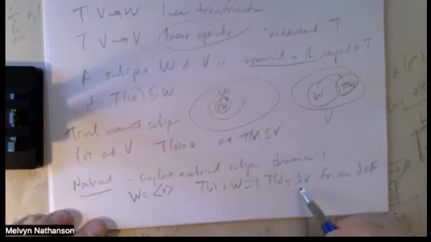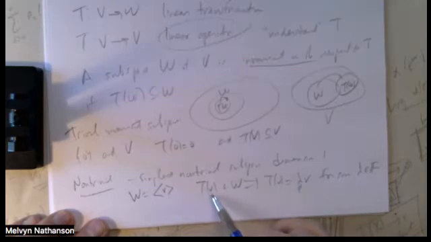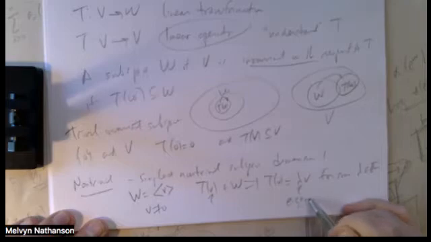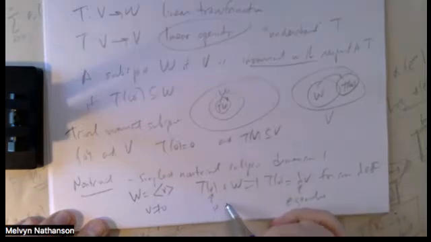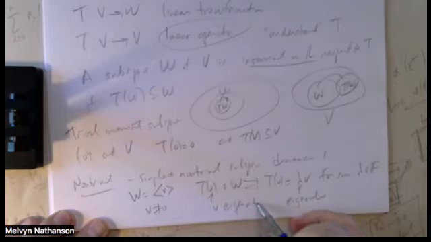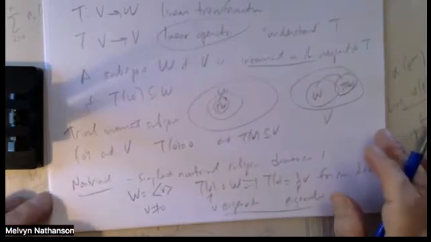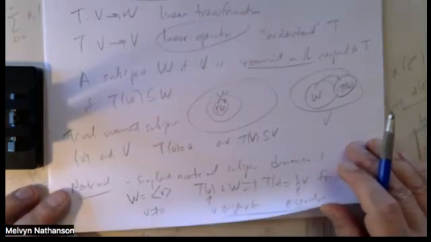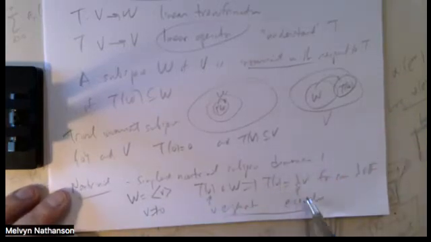And a number lambda such that T of V equals lambda V, where V is a non-zero vector, is called an eigenvalue, and V is called an eigenvector. So whenever there is a one-dimensional invariant subspace of some linear operator, there's a non-zero vector V and a scalar lambda such that T of V equals lambda V, and lambda is an eigenvalue.